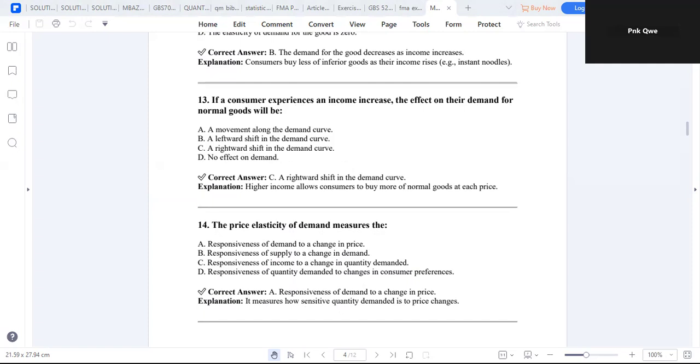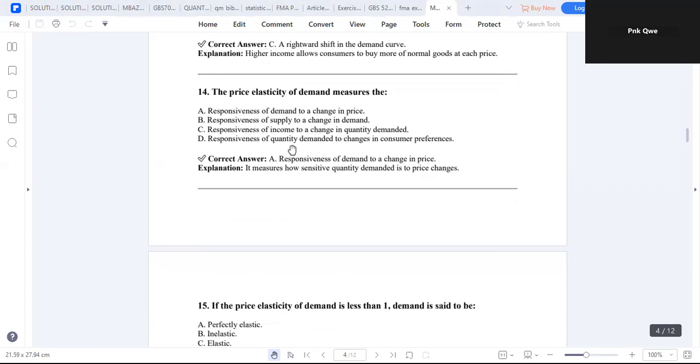When salaries increase, people buy more branded clothes, smartphones, organic food. So income causes a shift, unlike prices, which cause a movement along the curve. If income increases, the demand for a normal good will shift to the right. Is that clear? So the answer is C. I hope it's making sense.